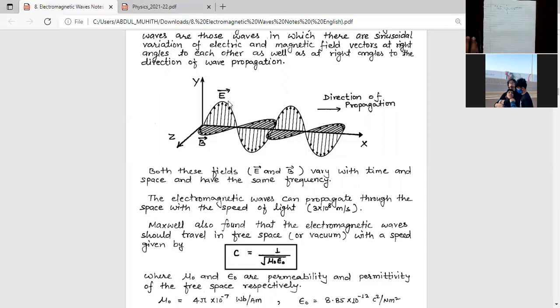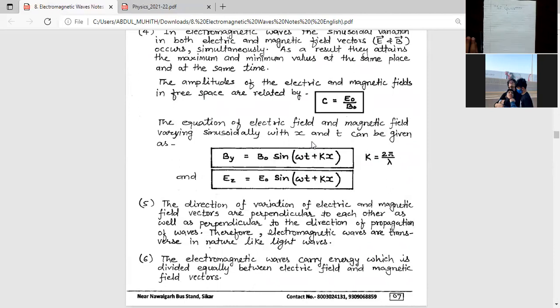Even though they are in two different planes, the electric and magnetic amplitudes occur at the same point.